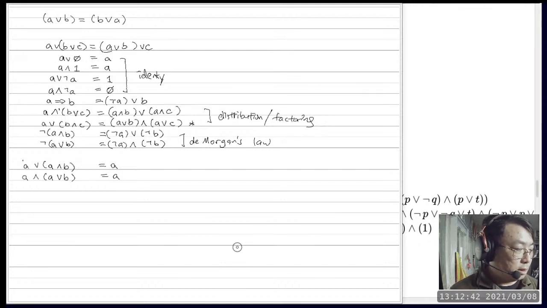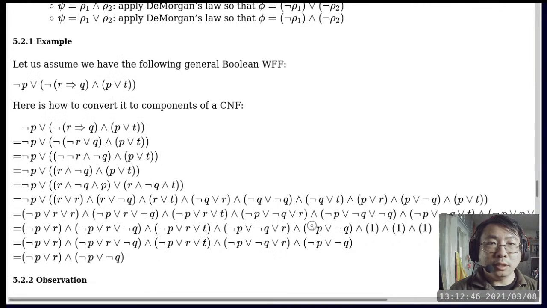All right. So without any questions, we have just talked about how we got from the second last row to the last row here, because we already know that there's a (not P or R), and then everything is ANDed together. So that means anything with (not P or R) or something is useless.